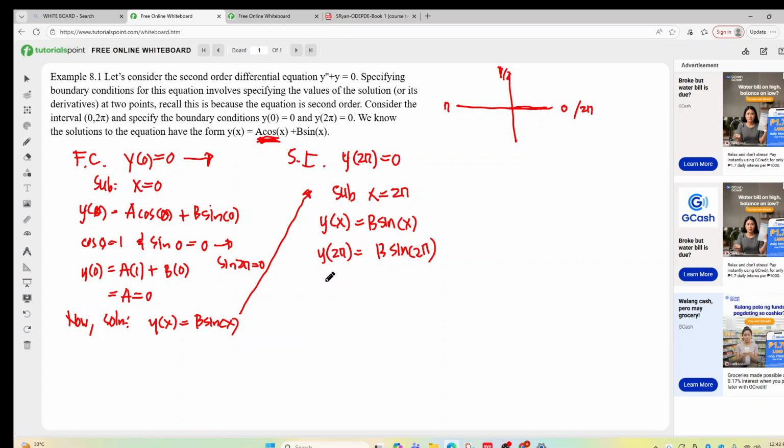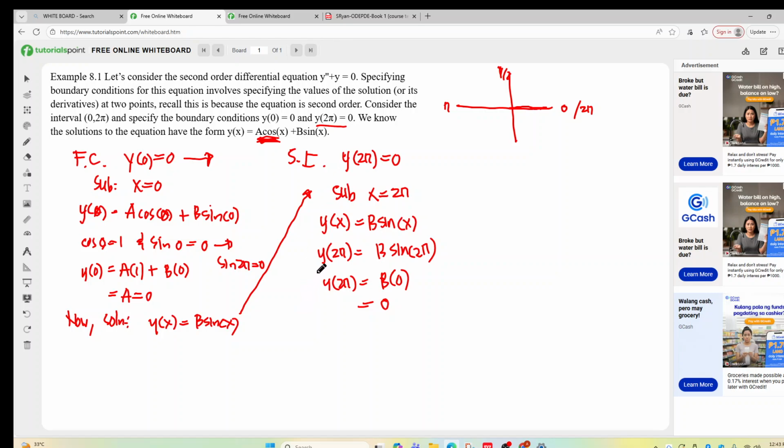So we have y(2π) = b times 0. Since any number multiplied by 0 is 0, our value of y(2π) is equal to 0. So we already know that this satisfies the condition.